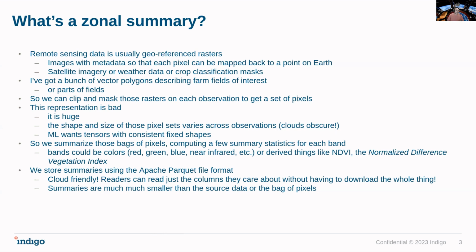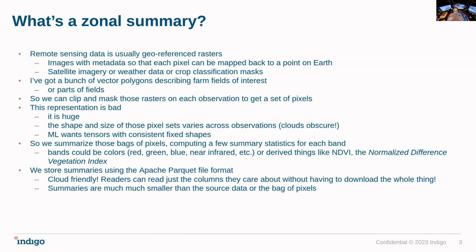Unfortunately, that representation is awful. It's enormous, and the shape and size of those pixel sets varies over time, even for the same polygons. And usually machine learning wants to see very fixed, consistent tensor shapes. So can't really do that. So what do we do? We summarize those pixel sets. We generate summary statistics for each band, and bands correspond to color and other things.